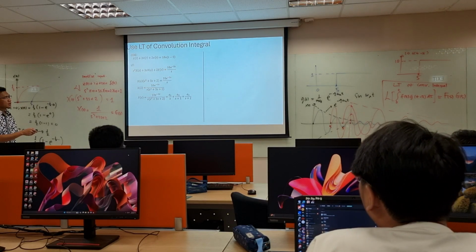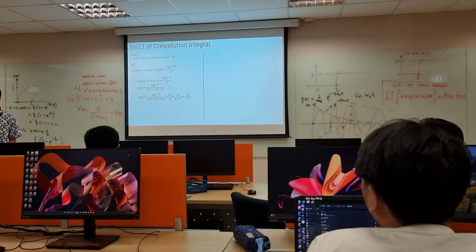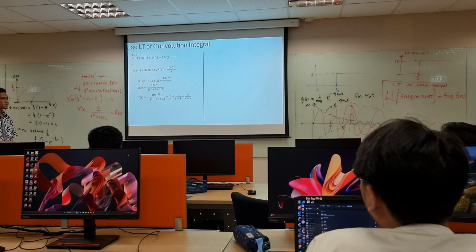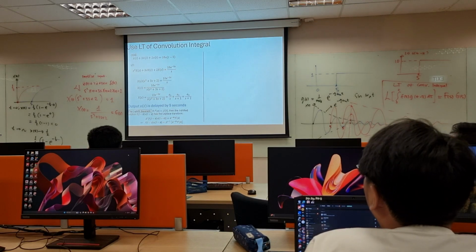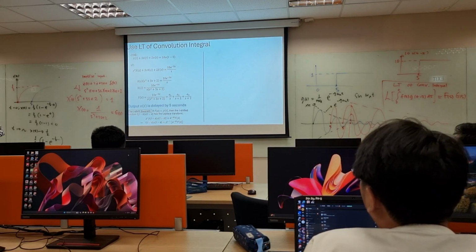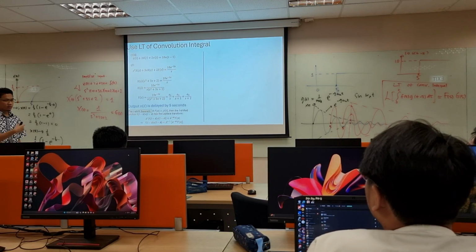If we are using only the standard method, you go up to here and split into 3 terms using partial fractions, correct? Then each of these terms will be delayed by 5 seconds using the t-shift theorem. So this A1 will have a term of e to the minus 5s later. All of them have a delay.